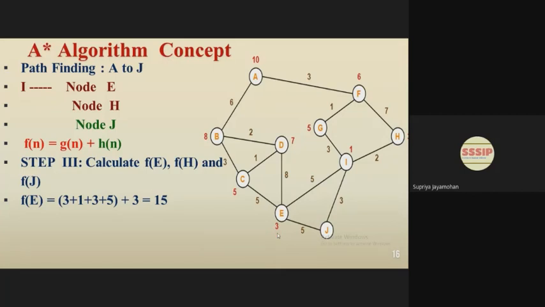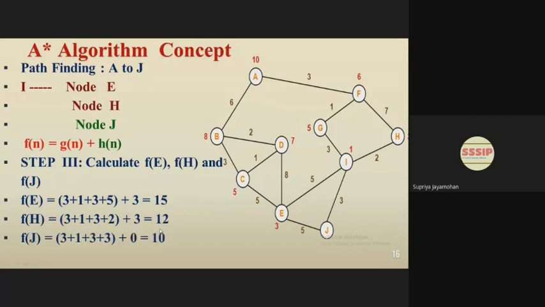We need to see whether the other two choices are lower, so that it is going to choose those two possible values. Next we go to node H. It is going to be 3 plus 1 plus 3 plus 2. So it is going to be 9, and a heuristic value of 3 which is attached to H is available here. So that gives you 12.